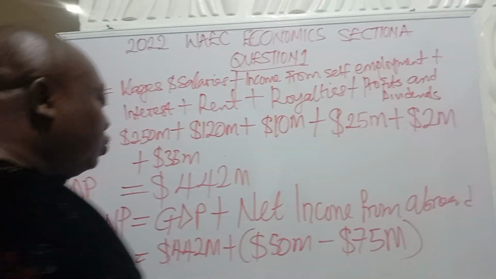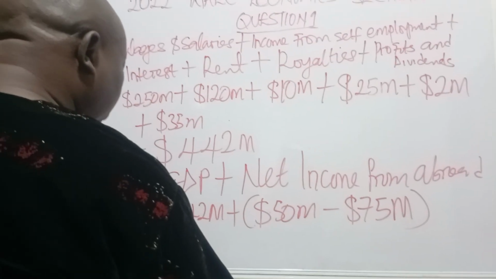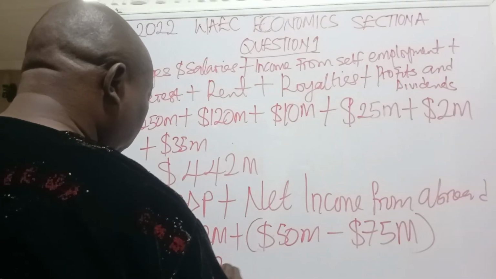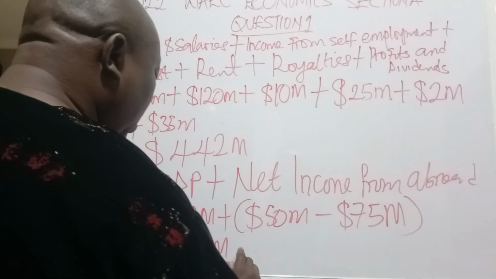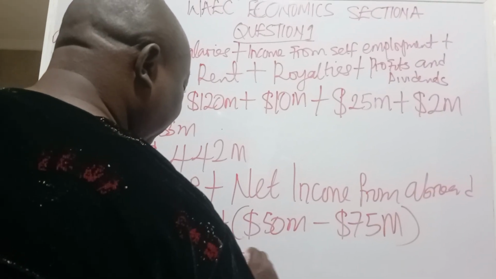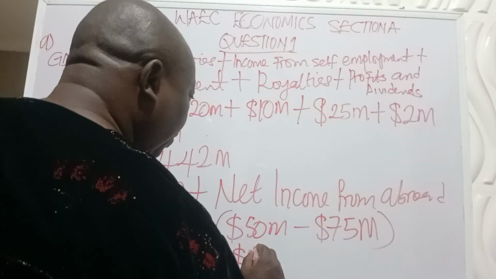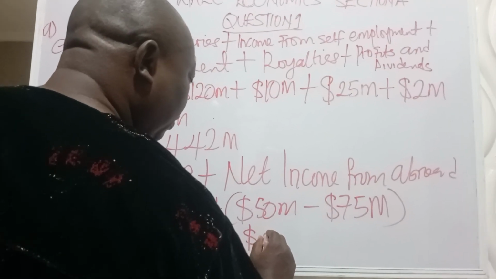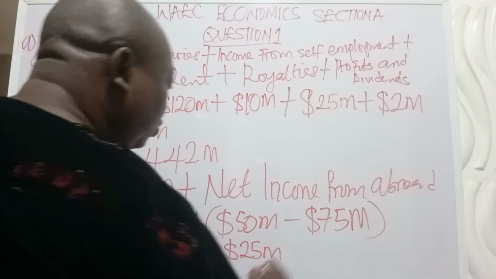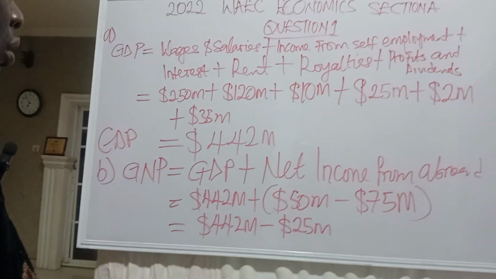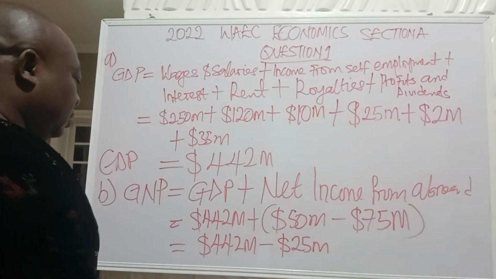What is the difference between the two? Subtracting this from this gives you a negative, because this one is higher. So it will be minus 25 million dollars. Minus $25 million.